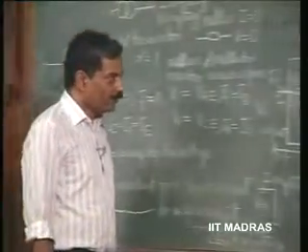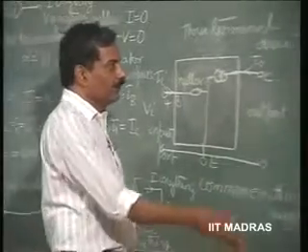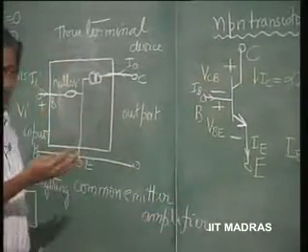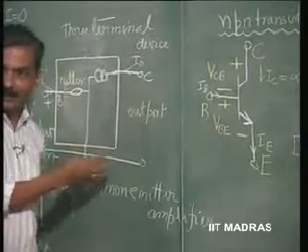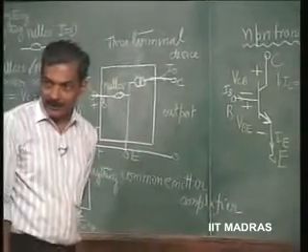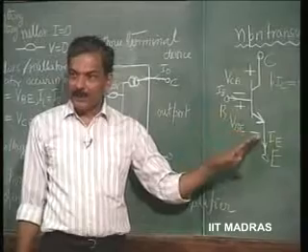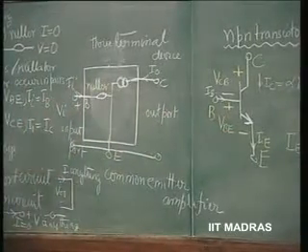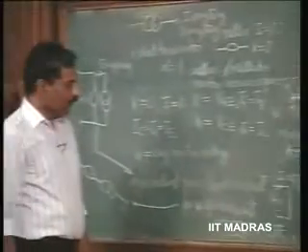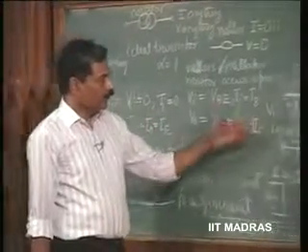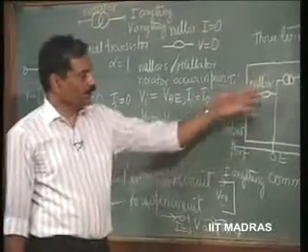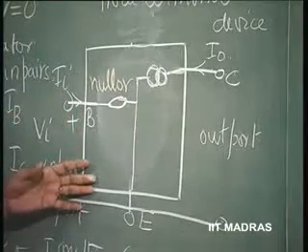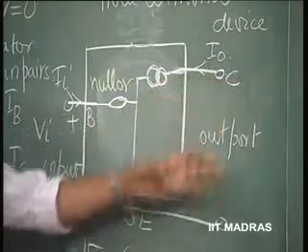So please remember that we have evaluated this from the NPN transistor. For that matter, we could have started with PNP as well. We would have arrived at the same equivalent. As far as equivalent circuit is concerned, whether it is NPN or PNP transistor, the same equivalent circuit is valid. Now the only thing is that the initial voltage in these cases, we said ideal cases it is going to be 0, and practically we must have this going positive.